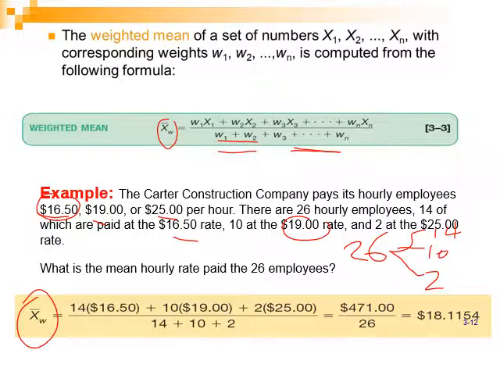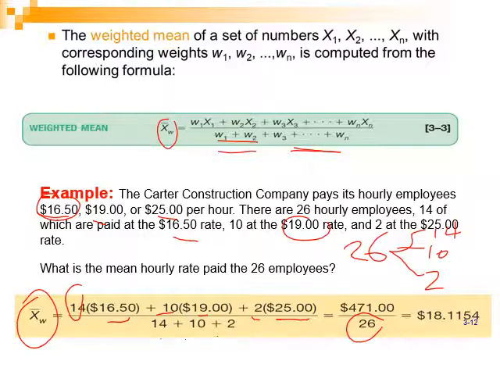This is by multiplying weight 1, which is 14 employees, by $16.5, plus weight 2, which is 10, multiplied by $19, plus weight 3, which is 2, multiplied by 25, and dividing all by the sum of weight 1 plus weight 2 plus weight 3, which is equal to 26, the total sample size we have.